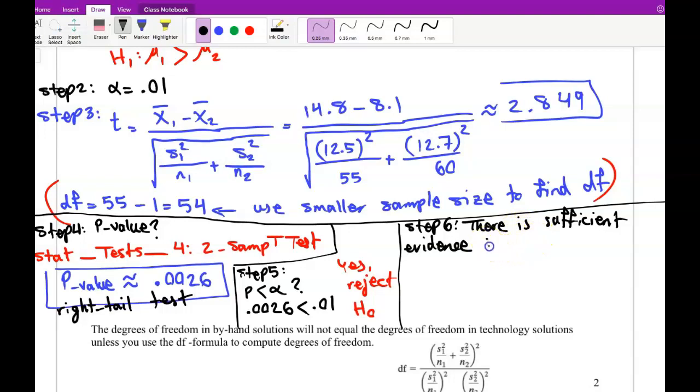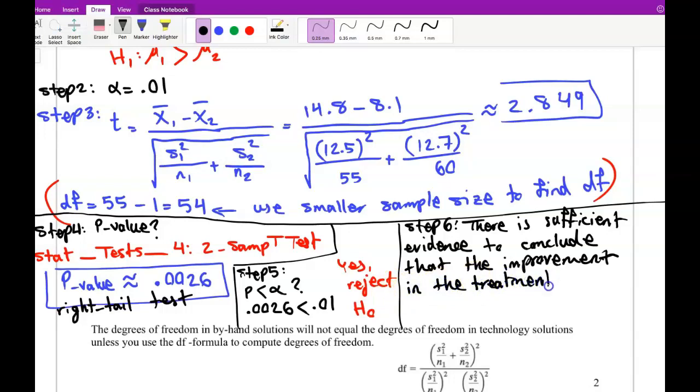Okay, to conclude that, the improvement in the treatment group was greater than the control group.